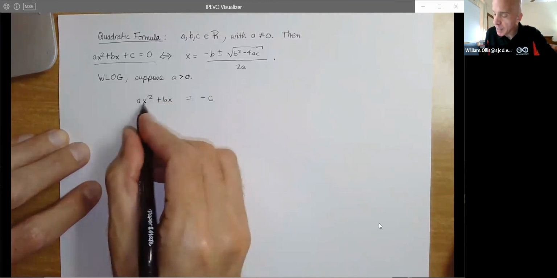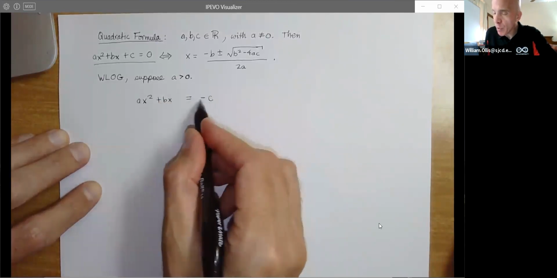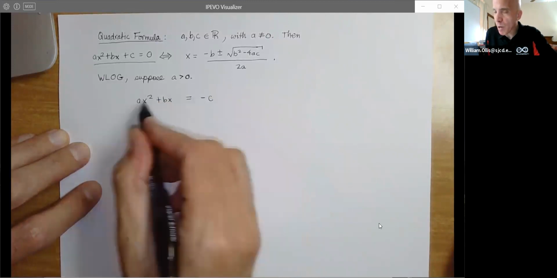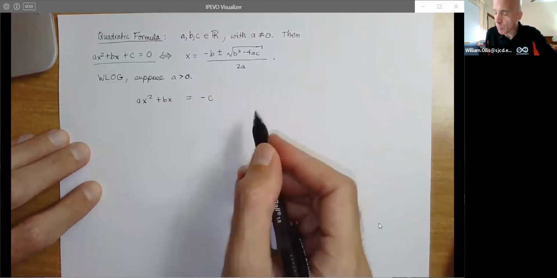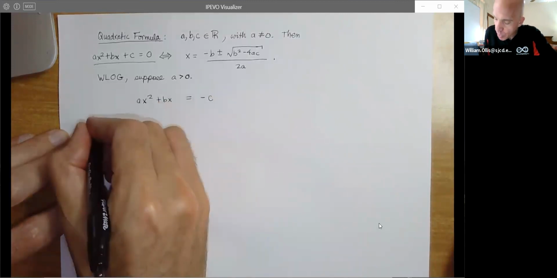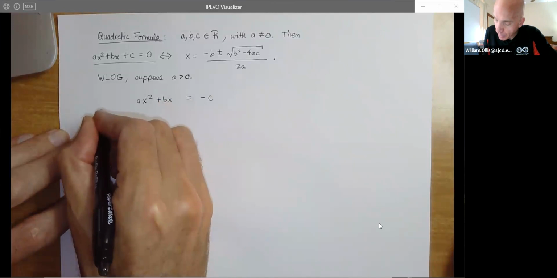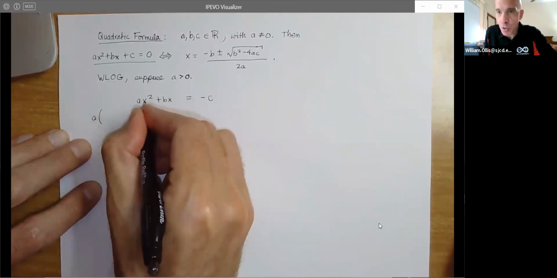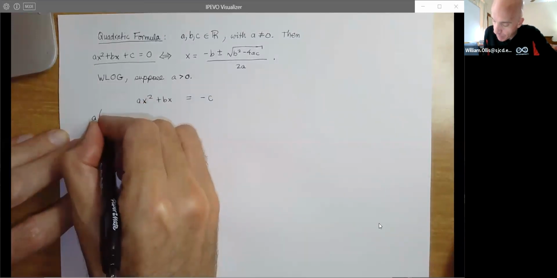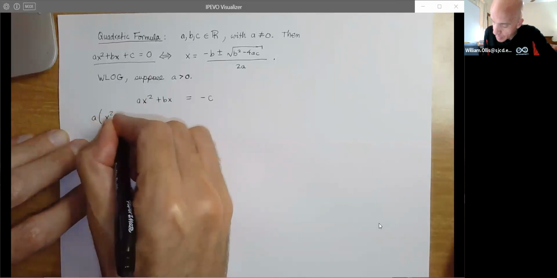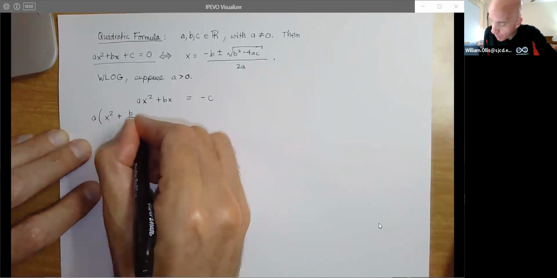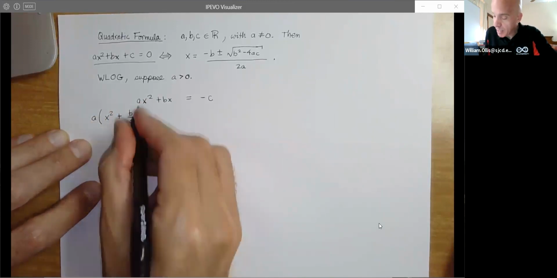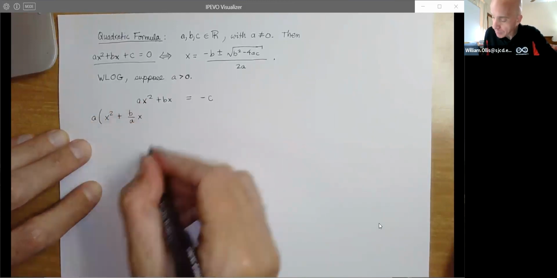And now to complete the square, again, there are many ways to do this, and the way I order things is not unique, so don't worry if yours changes a little from this. To complete the square, we need what we call the monic polynomial. So the coefficient of x squared needs to be 1. So we have x squared plus b over a x. To compensate for factoring out the a, we need the division by a here.